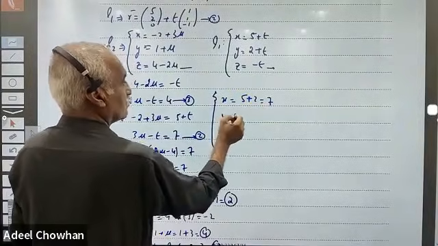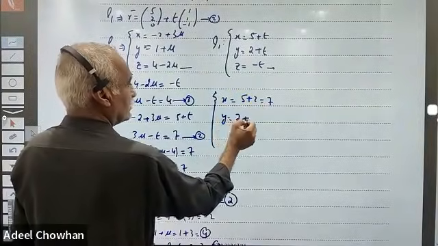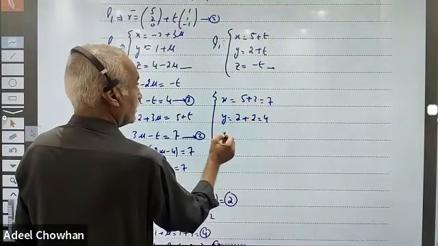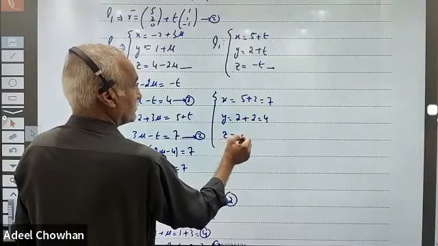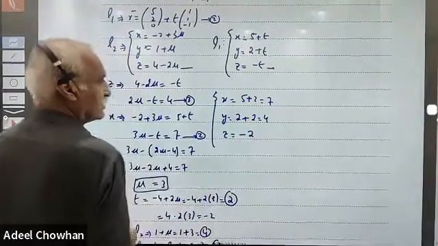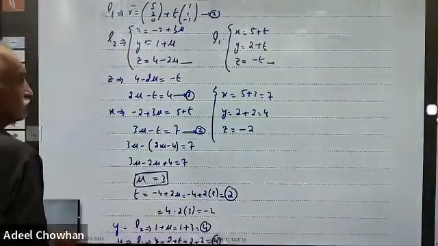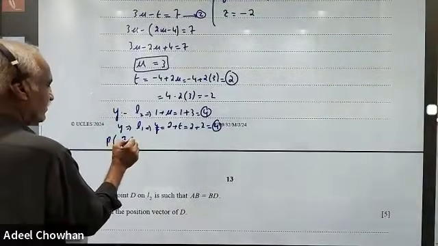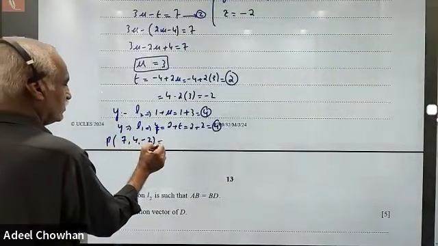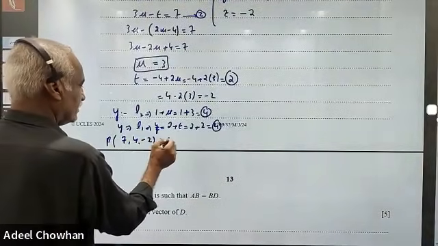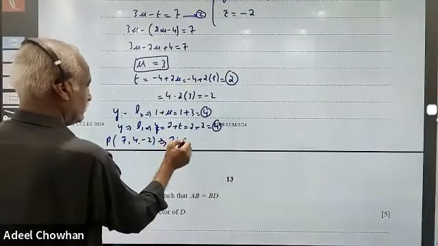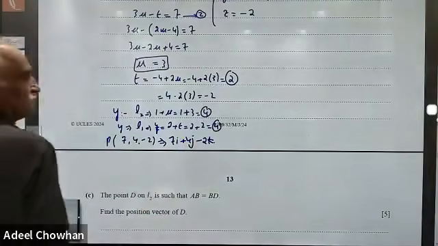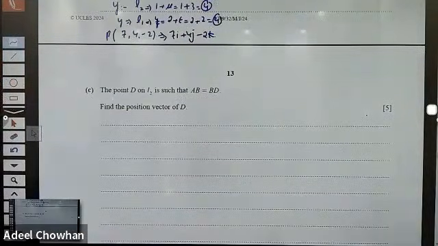The y value is 2 plus t, which is 4, and the z value is minus 2. So the point of intersection is 7, 4, minus 2. This we can write as 7i plus 4j minus 2k.